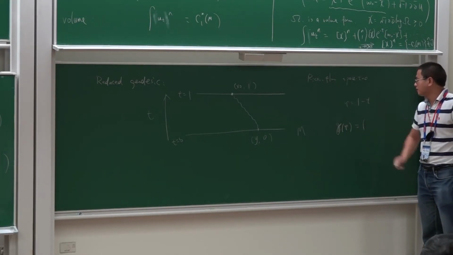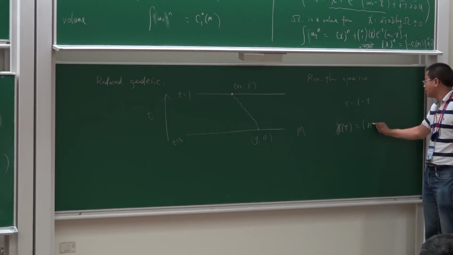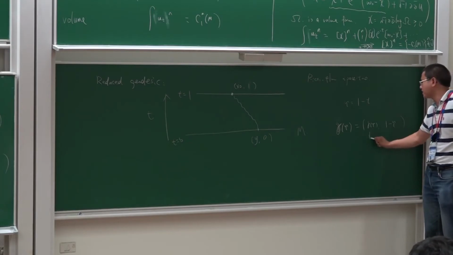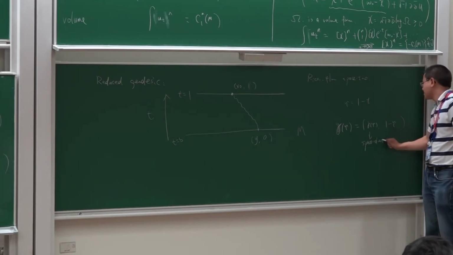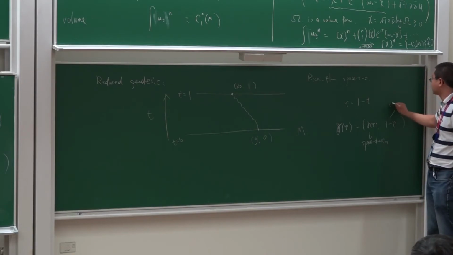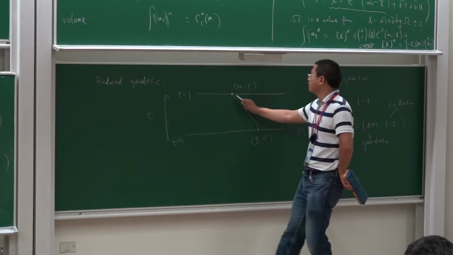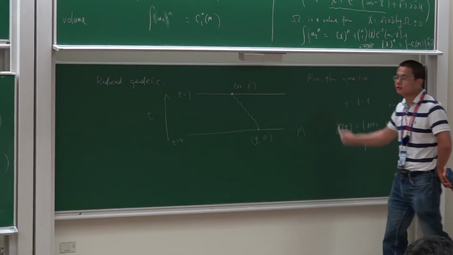It has the form gamma of tau, 1 minus tau. So this is the space direction, and this is the time direction. So actually you connect the two points in the space-time by a space-time curve.